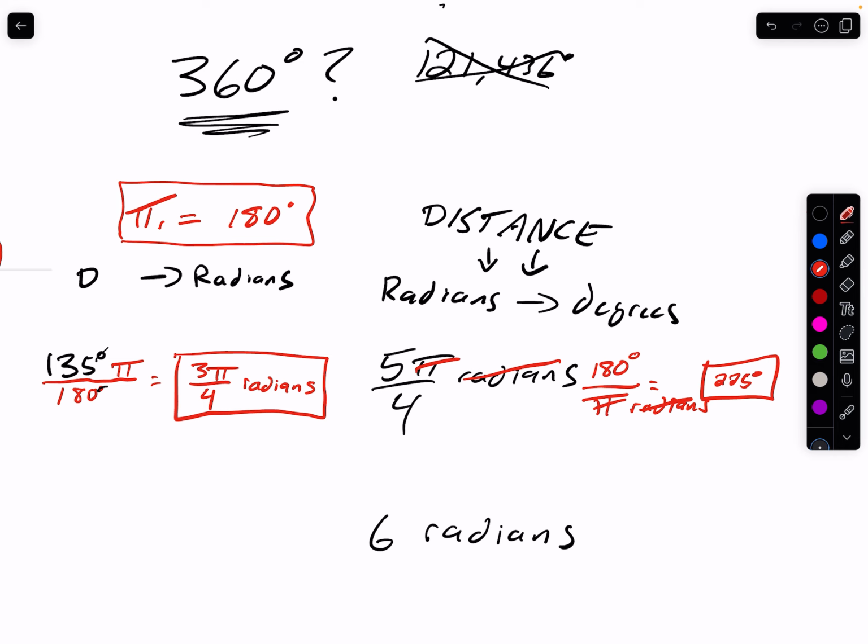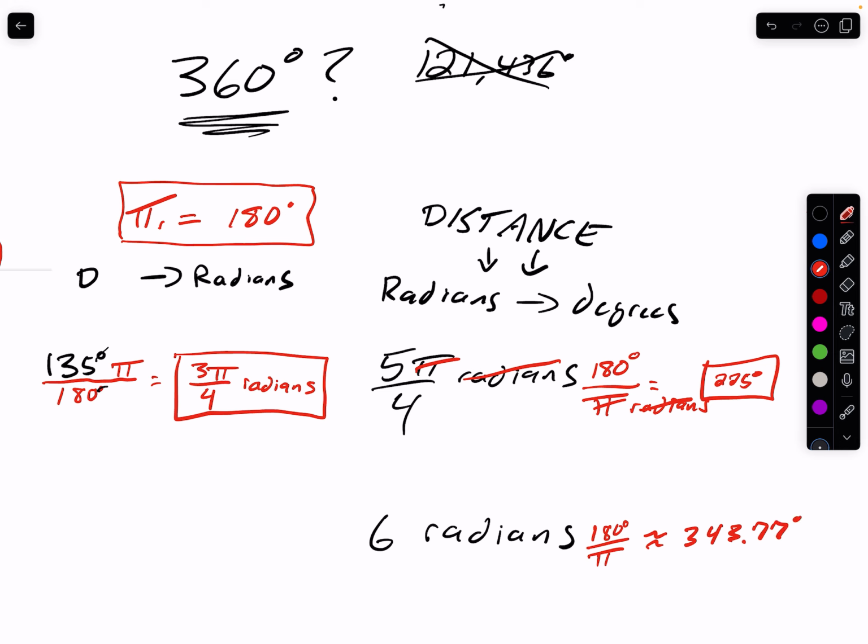Now, if you have just 6 radians, there's no pi involved, you're still going to do the same step. I'm still going to put 180 degrees on top and pi on the bottom. And this is where you're going to have to use your calculator because pi is incorporated in the rotation here. So I've got 6 times 180, and then if I divide by pi, my answer is going to be approximately 343.77 degrees.